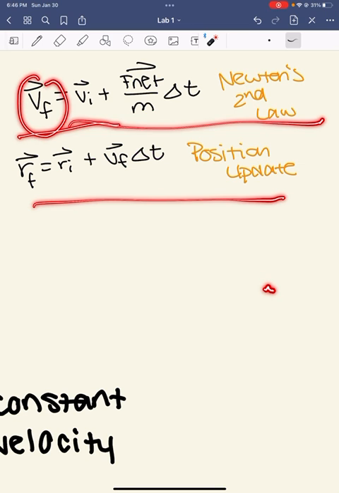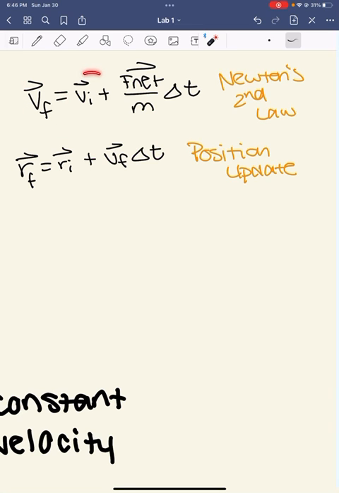We have V final, which is velocity, equals velocity initial plus F net, which is 0, over mass, times change in time. But since F net is 0, mass will ultimately play no role in this equation. And then for the position update, we have vector final equals vector initial plus the velocity final times change in time.